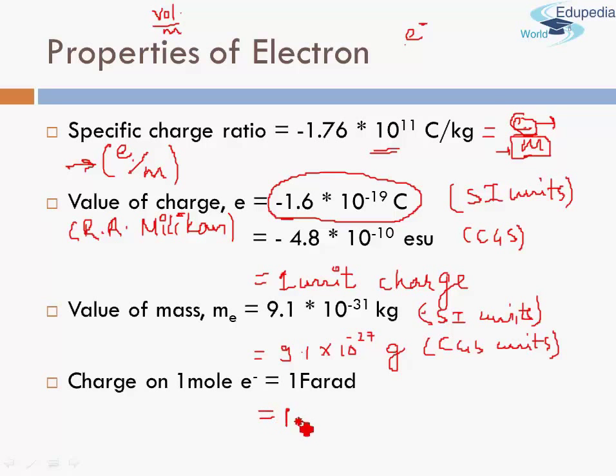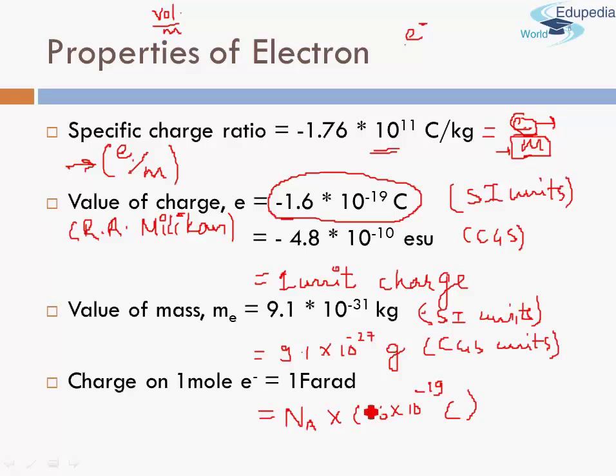It will be N_A, that is 1 mole, Avogadro's number, multiplied with the charge on 1 electron, that is 1.6 multiplied with 10 to the power minus 19 coulomb. We are just talking about magnitude here, and N_A is 6.022 multiplied with 10 to the power 23. So when we multiply Avogadro's number with this charge, we get the total charge on 1 mole electrons.